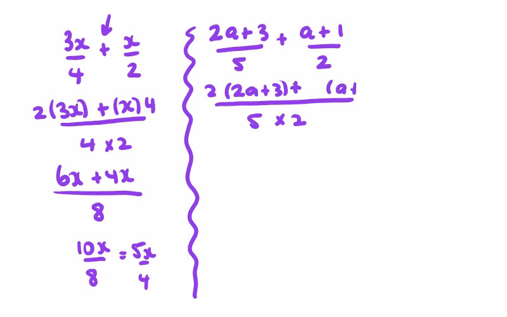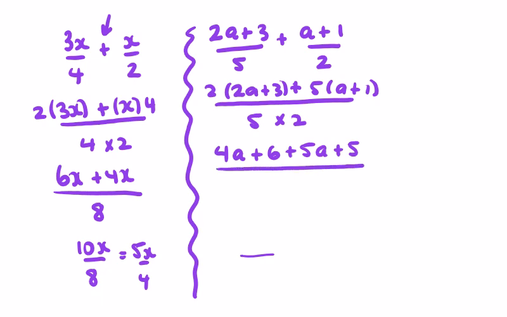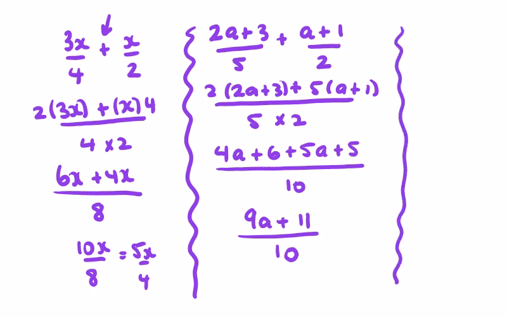And multiply a plus 1 by what it's not over, 5. So we get 4a plus 6 plus 5a plus 5 all over 10. So we get 9a, 4a and 5a, not 9x. 9a plus 6 and 5 is 11 over 10. And as these have no common factor, that's it, fully simplified.